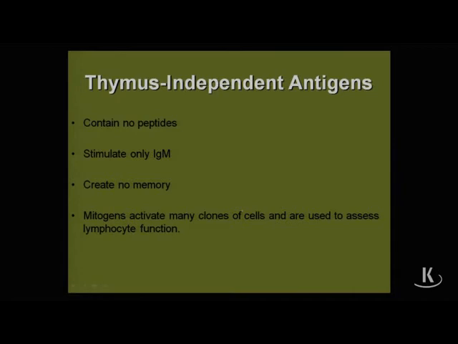Now, there are components called mitogens that are essentially T cell independent antigens, so that we can actually use those to see whether or not a lymphocyte is functioning. And we have T cell and B cell specific mitogens.